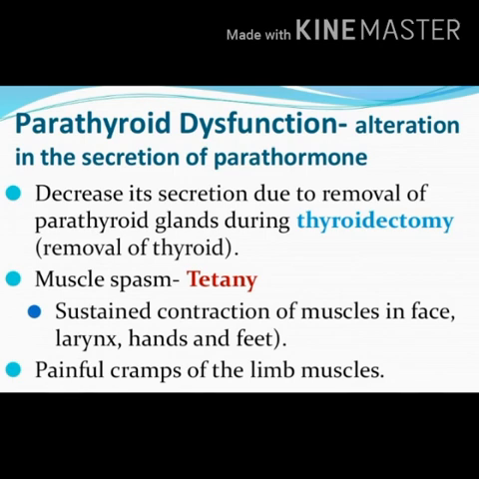Its characteristic features are sustained contraction of muscles in the face, larynx, hands and feet, and also painful cramps of the limb muscles. Cramps are strains of the limb muscles. These are all about the parathyroid hormone.